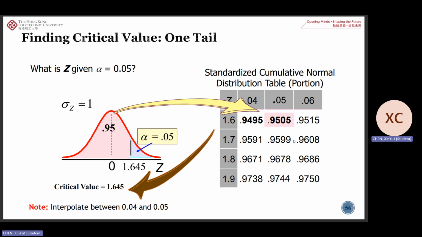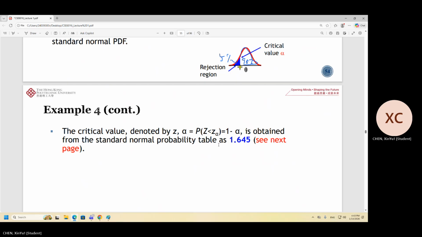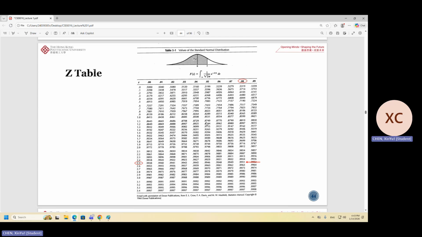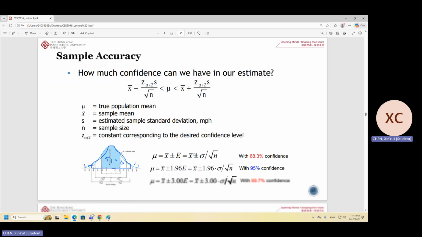To find the Z value from the Z table, based on your proposed level, do you know the process? Is there anyone who hasn't learned about this before? I think everyone learned it in high school, bachelor's, or master's, right?